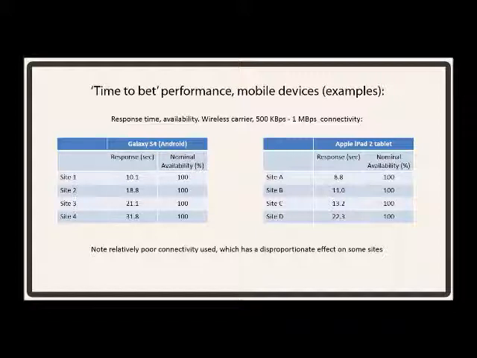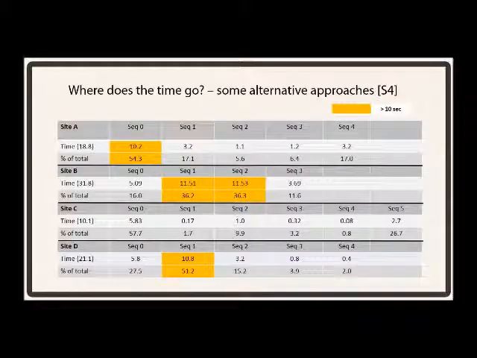And then on the right-hand side, some tablet device responses, and as one would anticipate, they are somewhat better, generally because you've got more system capacity in those devices. If we look at the S4 results, and we split it out by step across the transactions, then you'll see what I've called some alternative approaches.